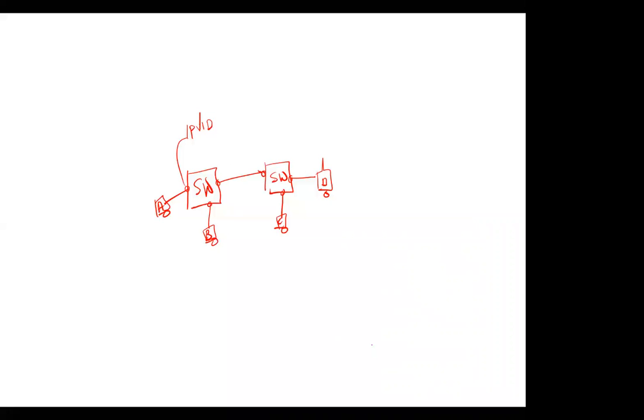And this PVID, let me write it down on top here. Port VLAN ID. And this port VLAN ID, default is VLAN 1. And this information we always call untag. It's an untag frame, so it means that it's a normal frame.